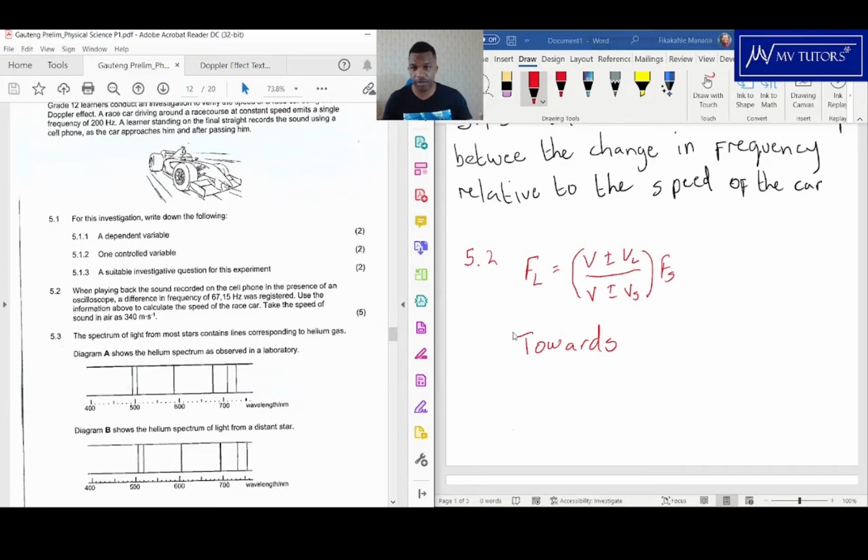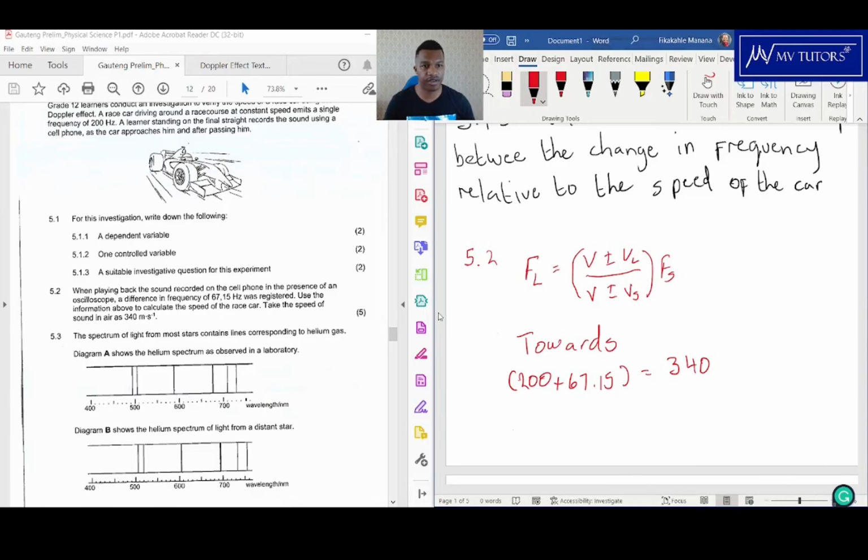So when it's coming towards the listener, is the frequency increasing or decreasing? It's increasing, because it's becoming louder and louder as it comes towards. So that's going to be 200 plus the 67.15. That's the frequency of the listener. Now when it comes to the formula, this side, the velocity we've been told of sound is 340, which is always the case.